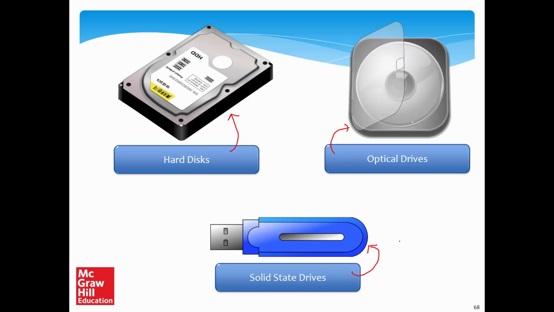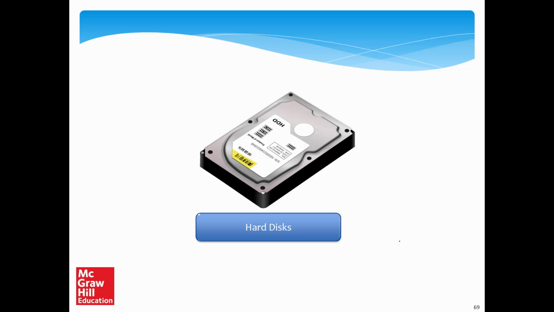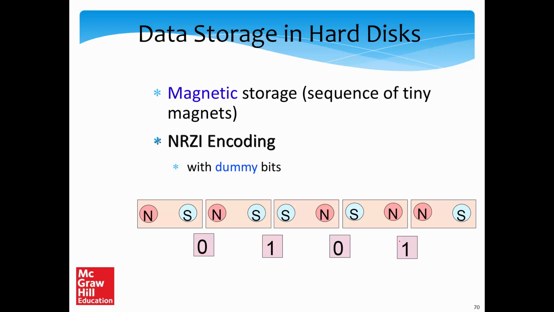So even if we turn off the system, our data still remains. Let's take a look at hard disks first. Then we'll take a look at optical drives, CDs, and DVDs. And at the end, we'll take a look at solid state drives.